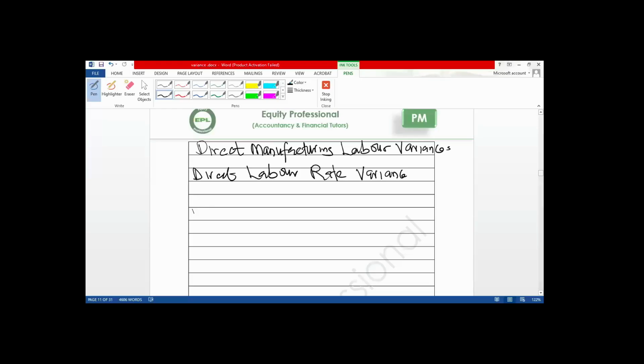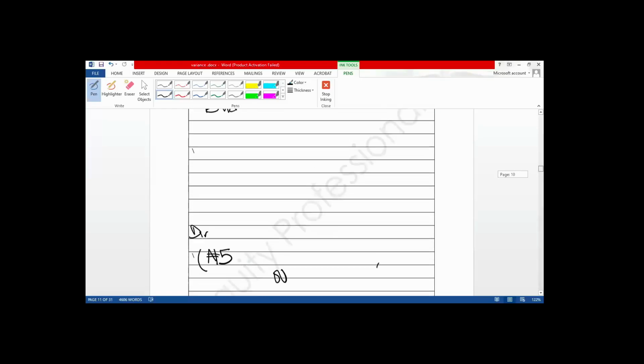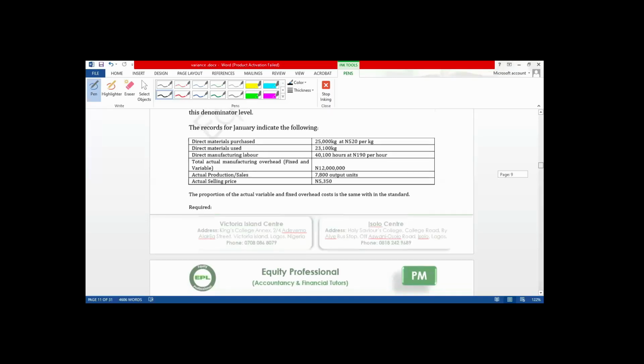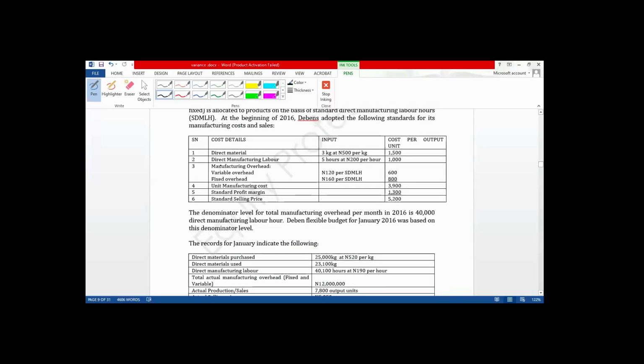So we start from your standard table. Look at direct manufacturing labor: 5 hours at 200 naira per hour. That is the standard labor rate per hour.